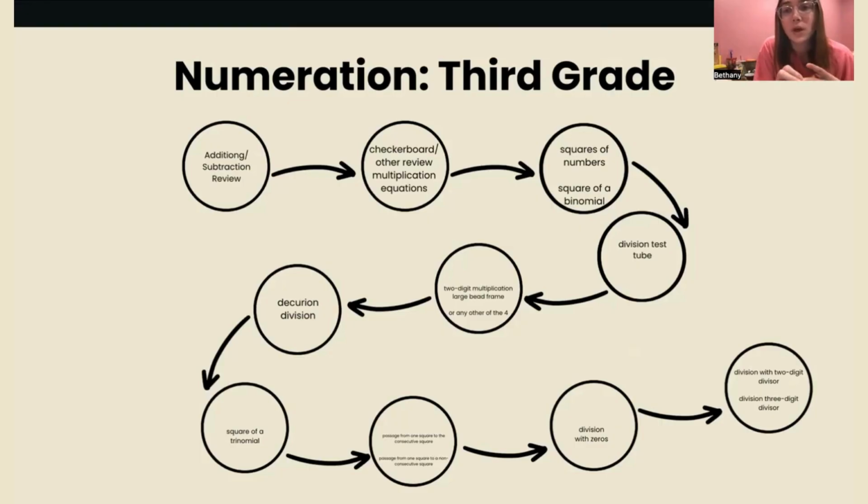Maybe you have different works. For example, one other work I forgot to put on here is infinity street, and that is a fun one to do in third grade, especially, and that's numeration. There's a lot of things I didn't include, but this is just the basic flow. It seems like such a little amount of time, but it's the whole year.